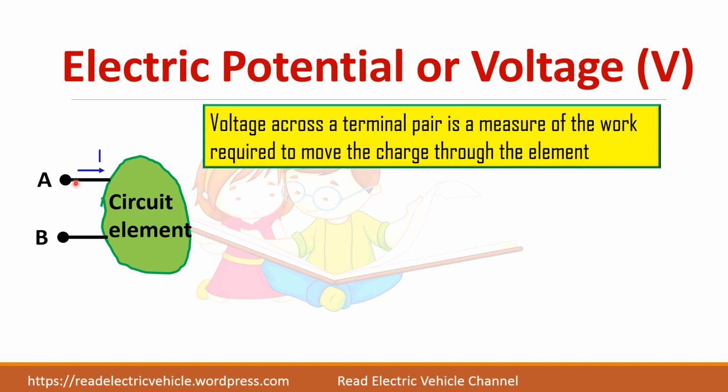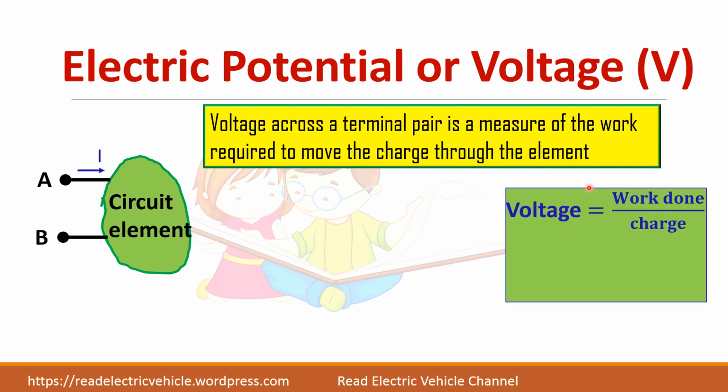That is called the voltage. So the voltage is the measure of the work required to move the charge through the element. So voltage is equal to work done divided by charge. Work done will be measured in joules and charge will be given in coulomb. So the SI unit of voltage is volt.